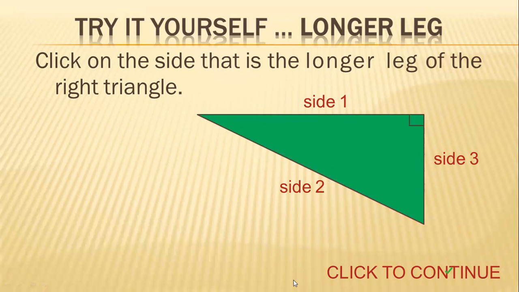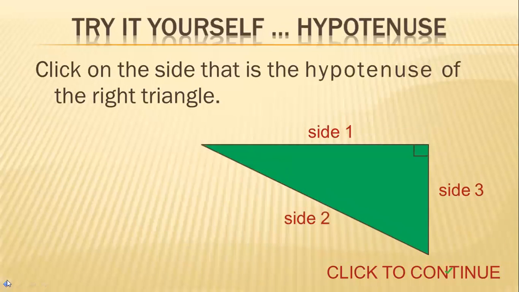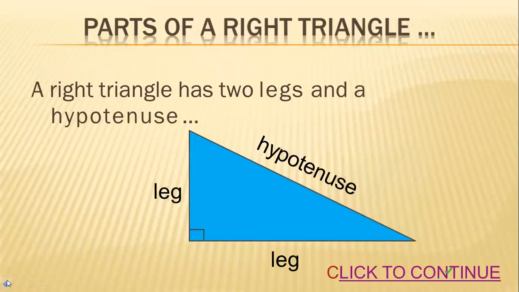If I just go to the previous one, you can see that is what we're calling the legs. Look at this. So these are the legs: leg one, leg two. We cannot say the leg over here, because the legs cannot be in this position.